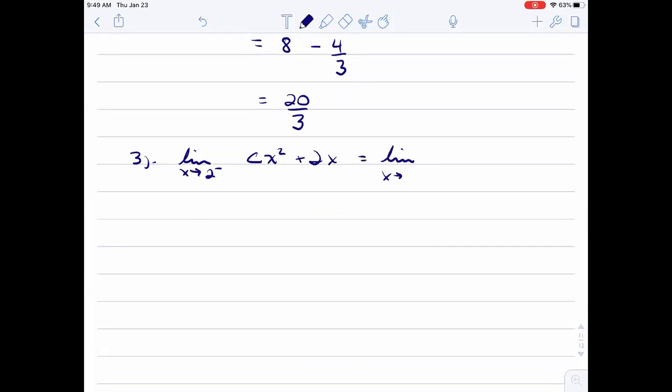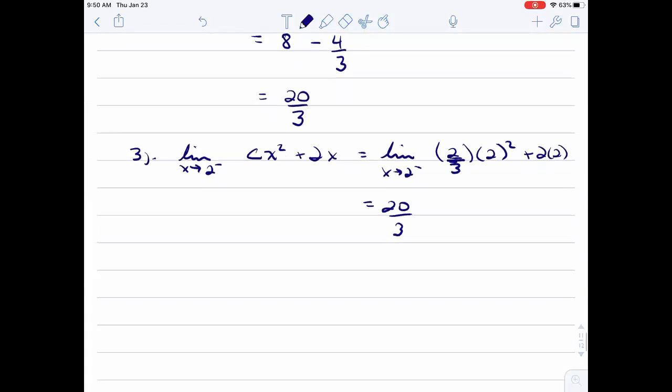So the limit as x approaches 2 from the left of 2/3 times 2 squared plus 2 times 2, which we're allowed to just plug in that 2 there, and it equals blah, blah, blah, 20/3, kind of simplifying things here.